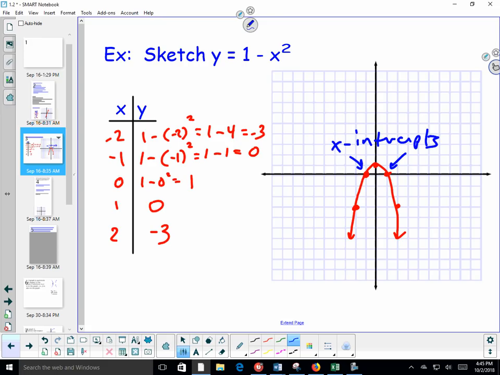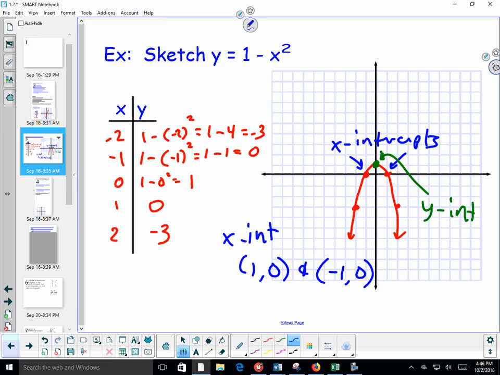Then we also have this point right here, and that would be the y-intercept. So the x-intercepts are at (1, 0) and (-1, 0). And in this case, the y-intercept, there's only one of them, and it occurred at (0, 1).